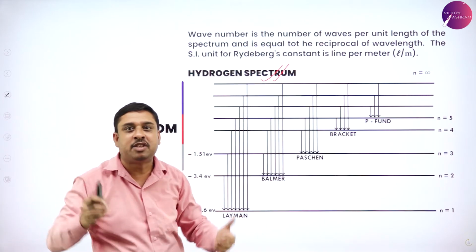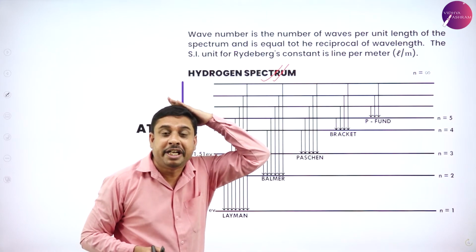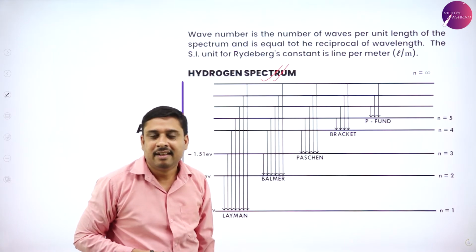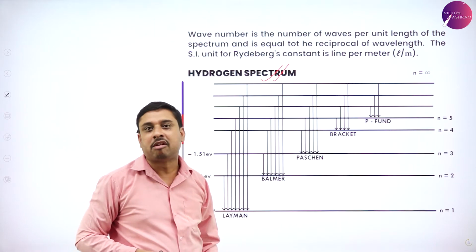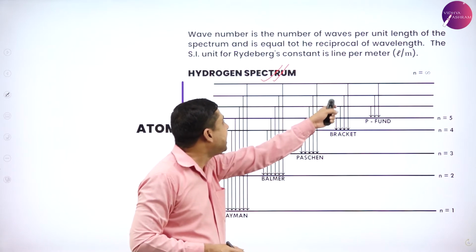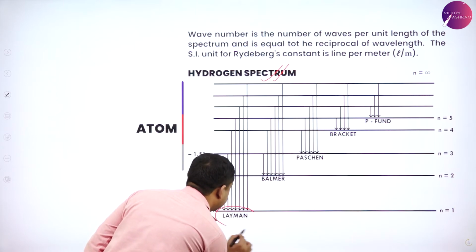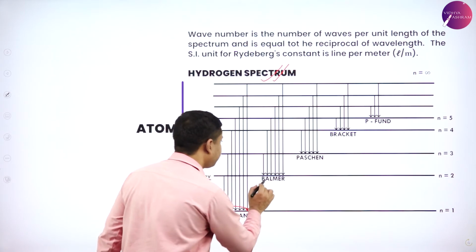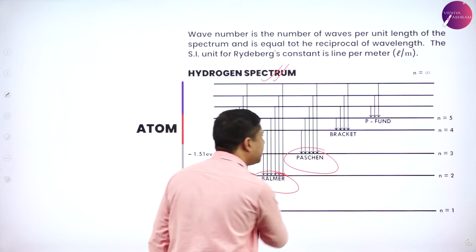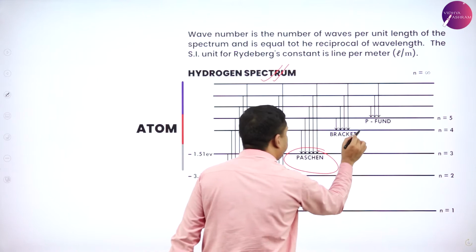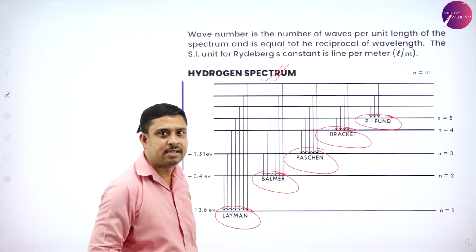Now just imagine uranium 238 92, where there are 92 electrons. That is why it is called a complex spectra. So the 5 series present in the hydrogen spectrum are the Lyman series, the Balmer series, the Paschen series, the Brackett series, and the Pfund series.